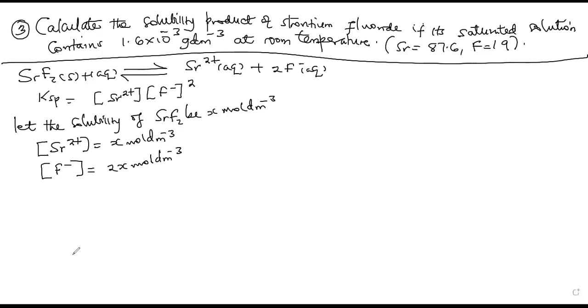It will imply that I need to first get these concentrations, then I substitute here and get the value of KSP.